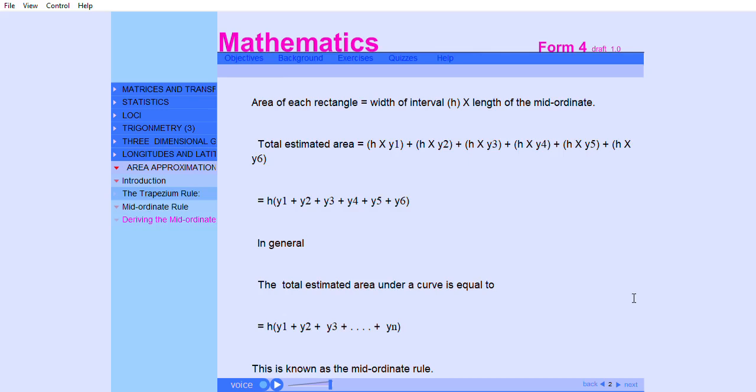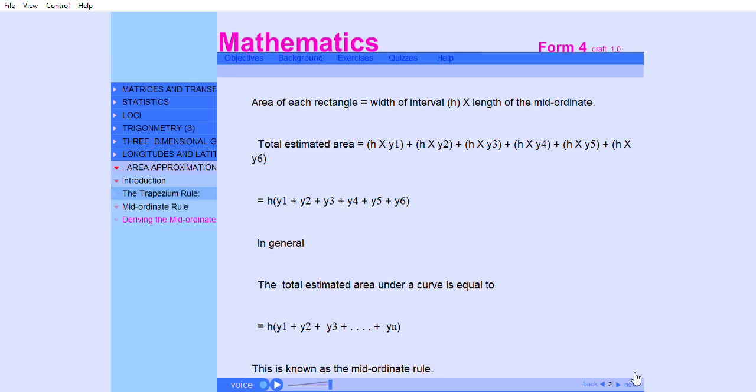(h multiplied by y3) plus (h multiplied by y4) plus (h multiplied by y5) plus (h multiplied by y6), which is equal to h (y1 plus y2 plus y3 plus y4 plus y5 plus y6).